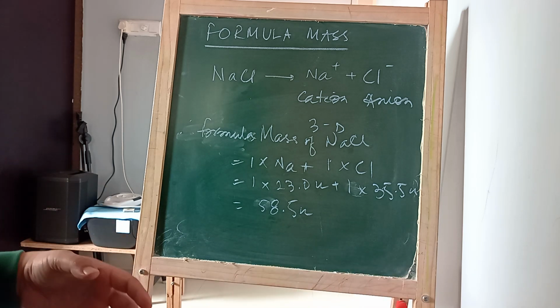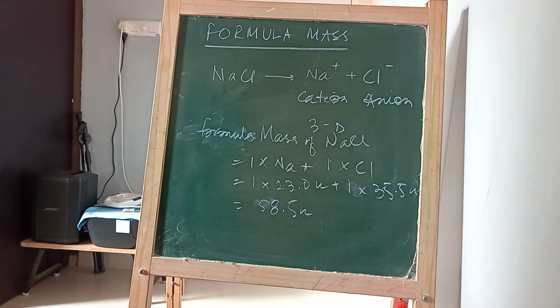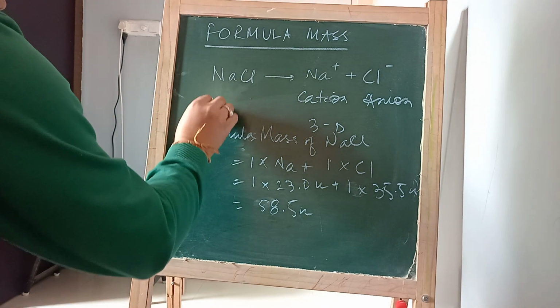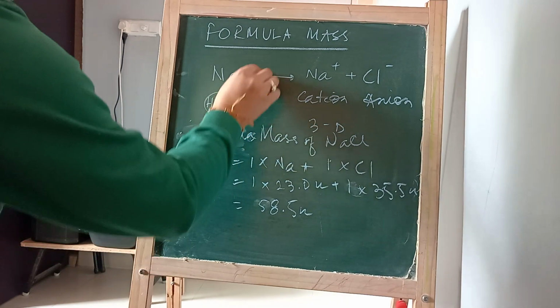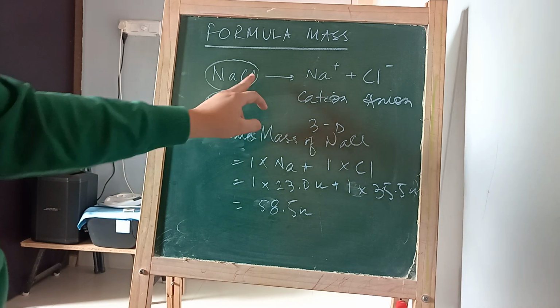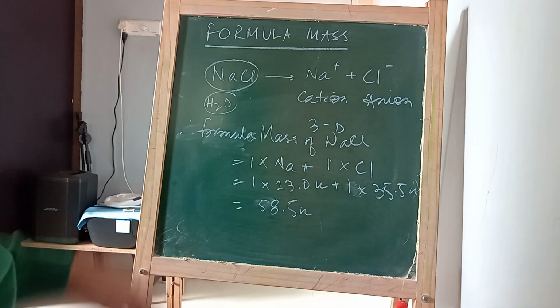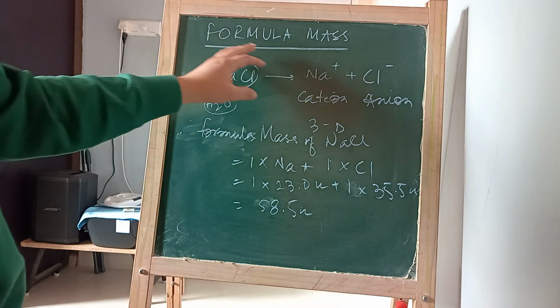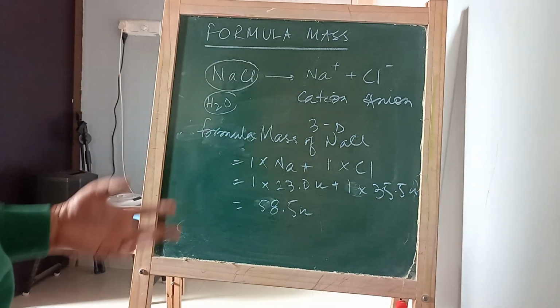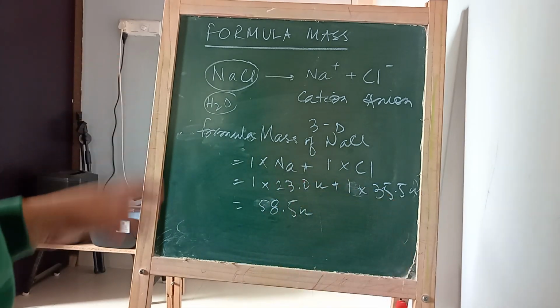So whether I write sodium chloride or say water, when you want to calculate the mass, not the mass of an individual atom but the mass of the whole compound, we will either say formula mass or molecular mass, depending on how the compound is existing.